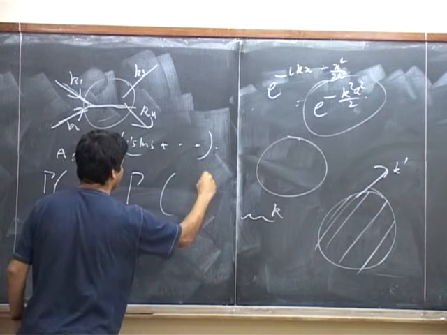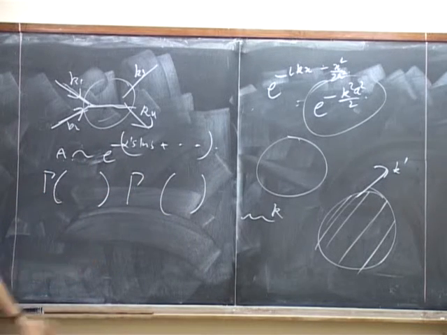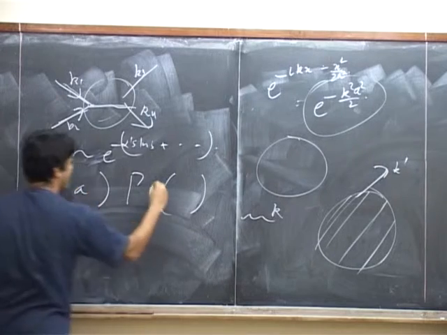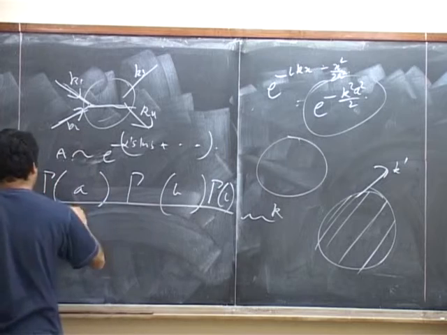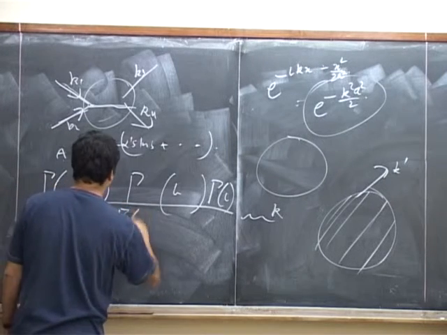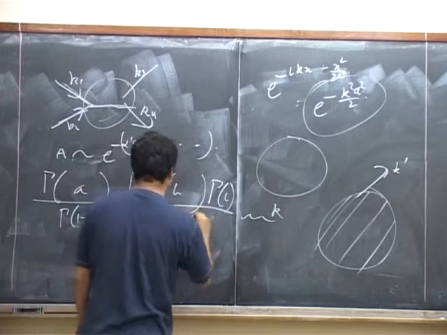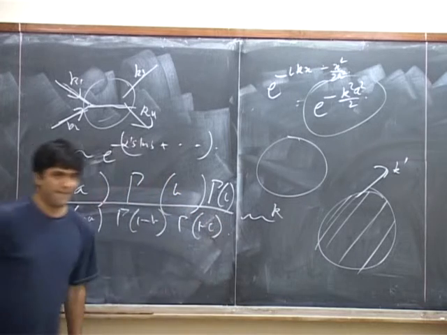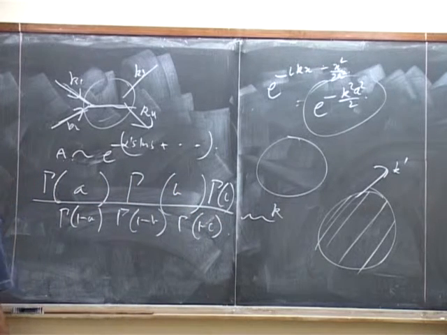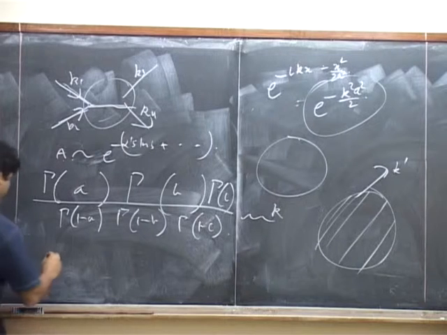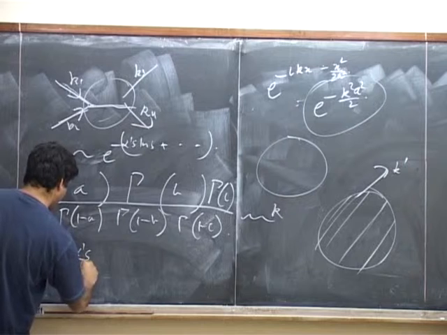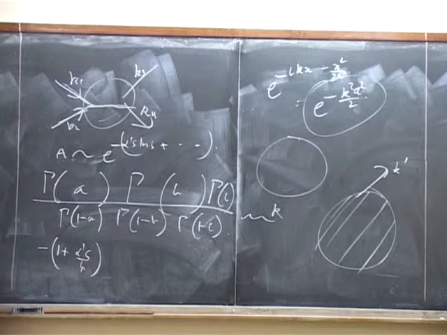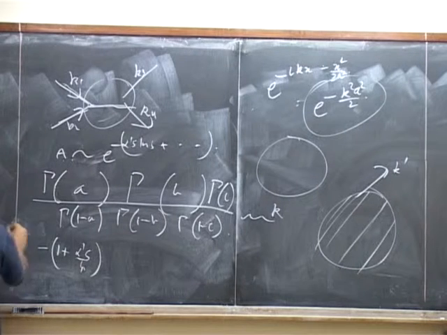It was gamma of A, gamma of B, gamma of C divided by gamma of 1 minus A, gamma of 1 minus B, gamma of 1 minus C. Okay, now somebody help me with what A, B, C were. A was minus 1 plus S over 4, and then T, U. Okay, A, B and C are these things. Good.